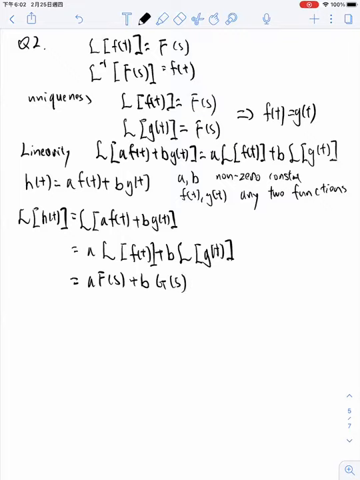So you get functions F and G in s space. That means the f(t) here is this.